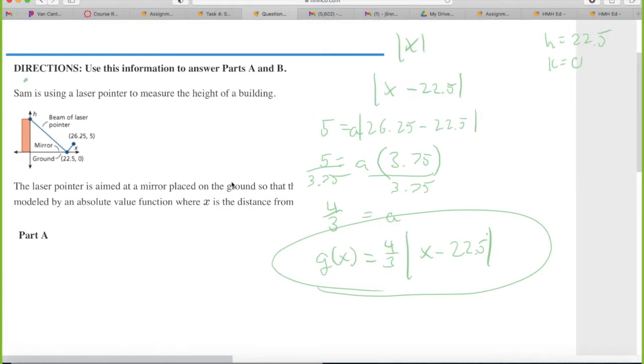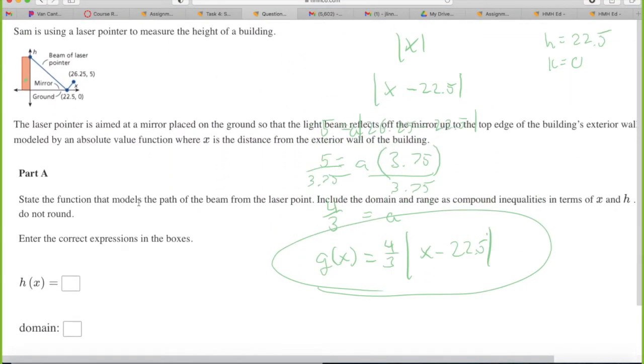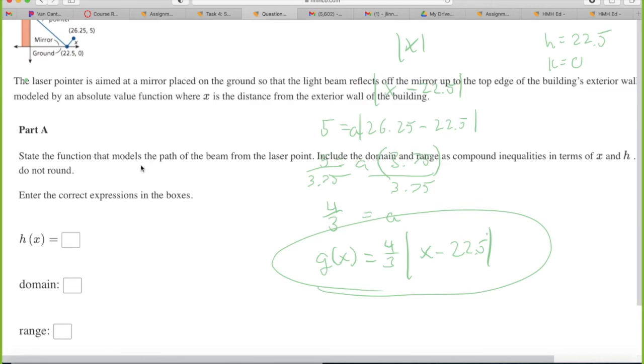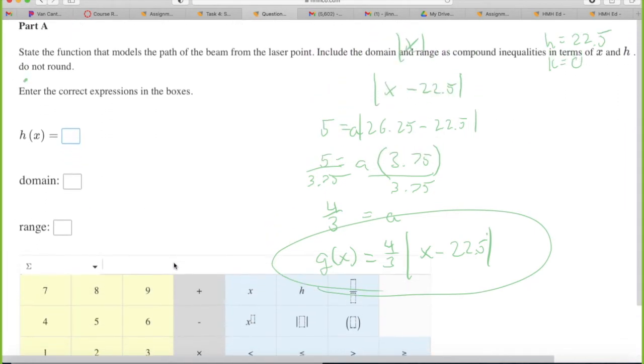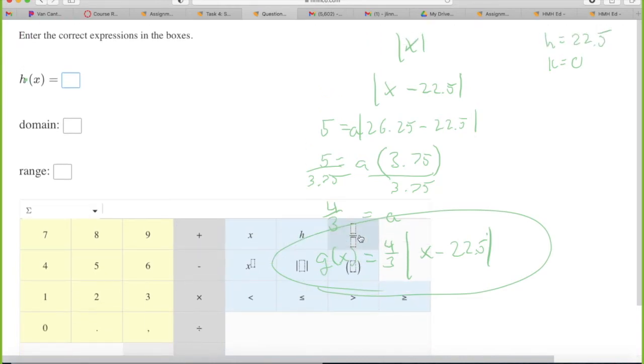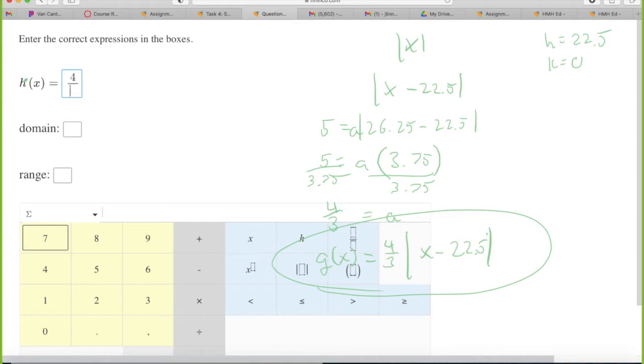Okay, let's see what they're asking now. State the function that models the path of the beam. That's this part right here. So 4/3 absolute value.